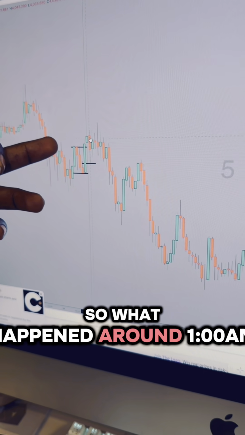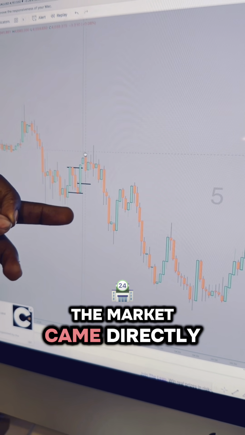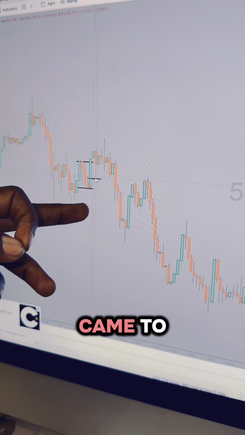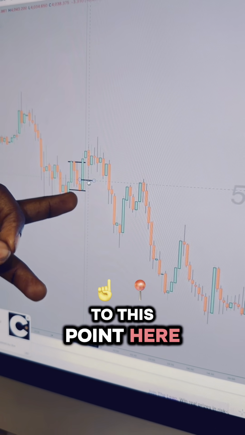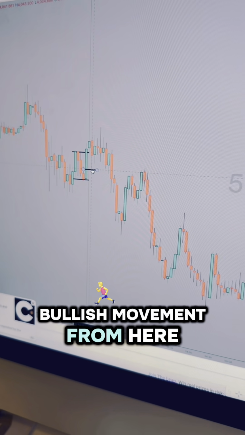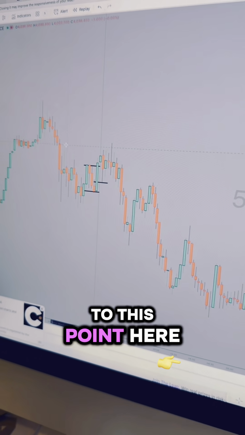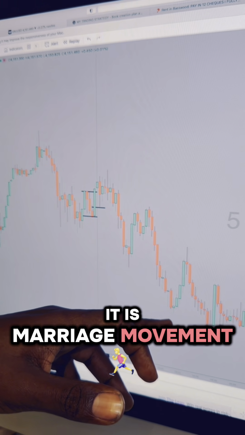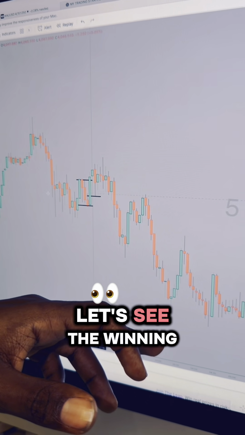So what happened around 1 a.m.? The market came directly to this point here, and the second candlestick came to this point here. And then what happened after? We had a strong bullish movement from here to this point here of an order block and continued with its bearish movement. Let's see the risk reward ratio.